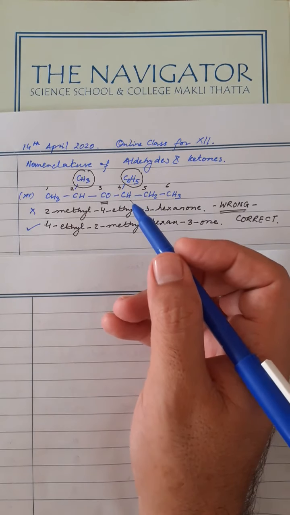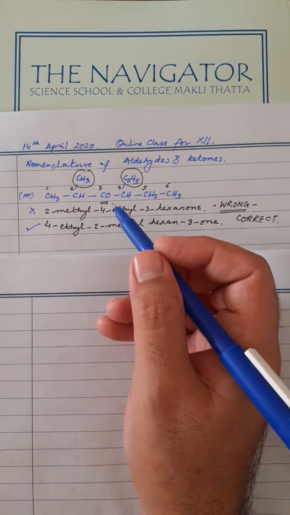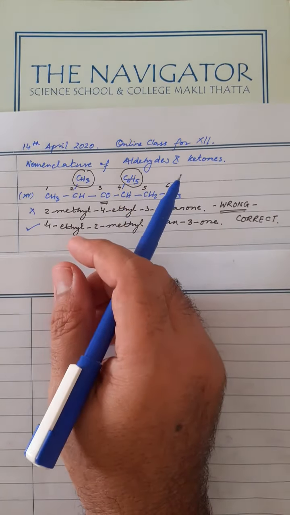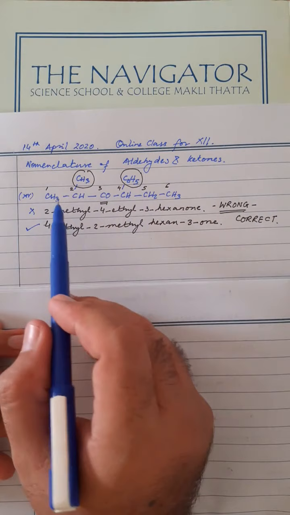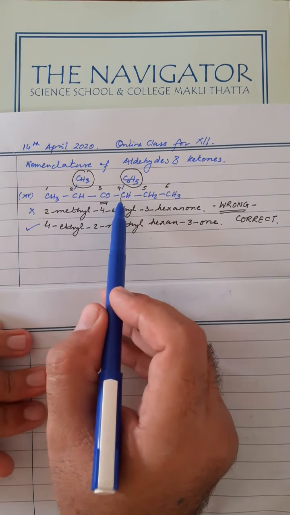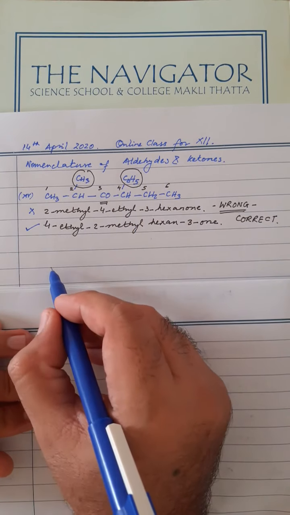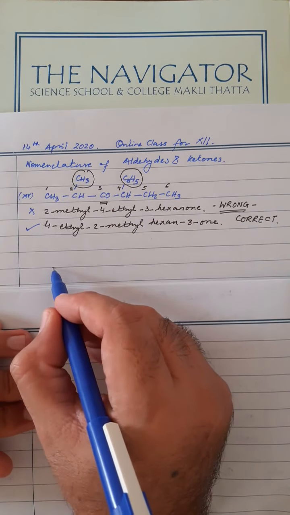Now, I want to appreciate the improving students. Improving students are also sending me the other type of structures. Like if you want to make this one, 1, 2, 3, 4, 5, 6.